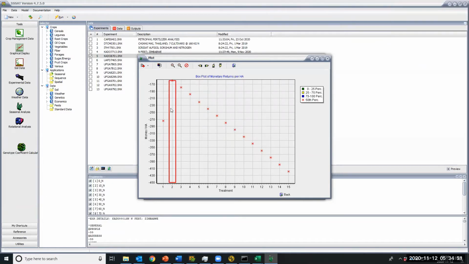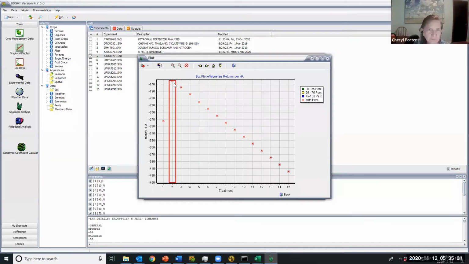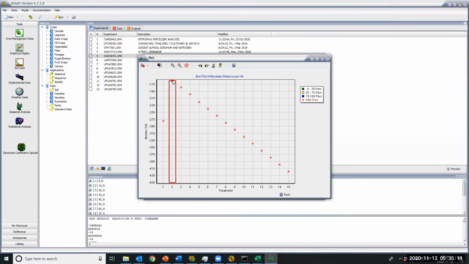The best option in this particular year was for the farmer to add 10 kilograms per hectare of nitrogen, but they still lose money.